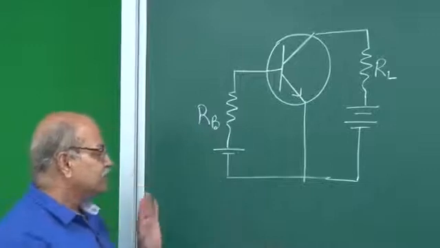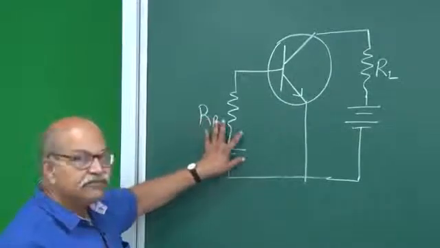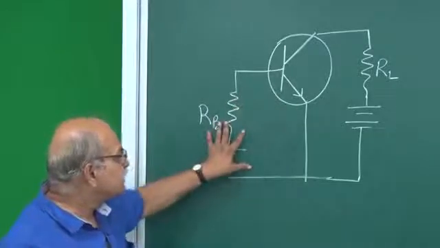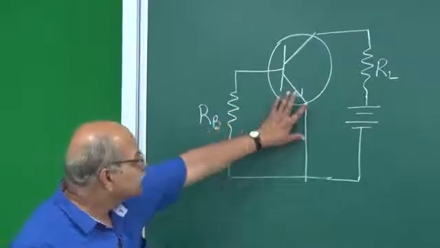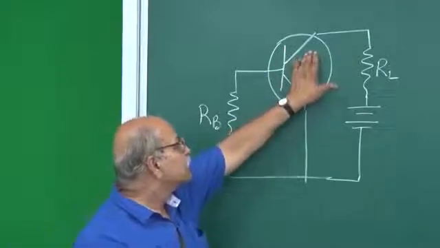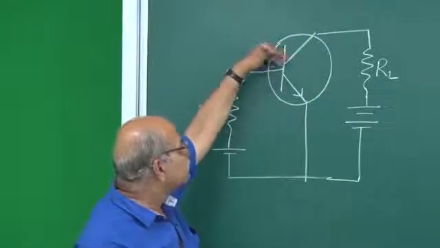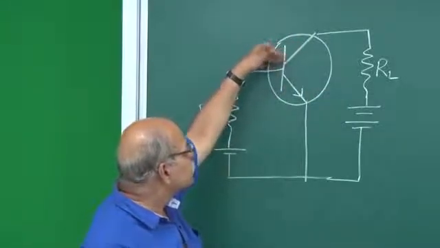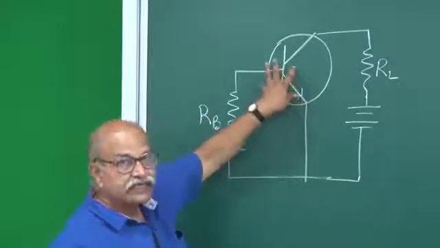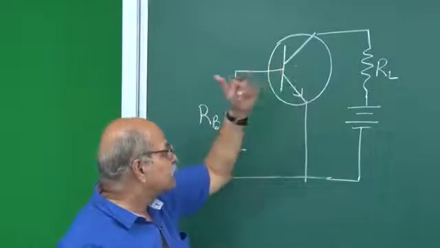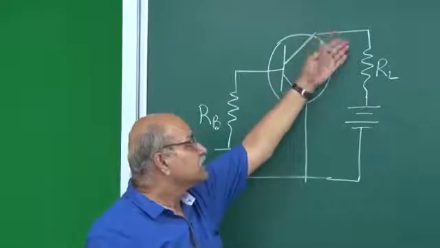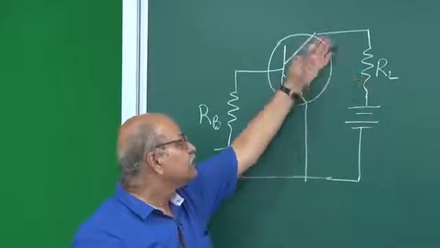Then we have active region. If you have sufficiently forward biased base circuit, this base emitter junction is sufficiently forward biased, there are a lot of electrons which are injected from here to here, and the collector is also sufficiently reverse biased. This collector base junction is also sufficiently reverse biased, so that when the electrons are injected, a good fraction of that decided by beta, that much is taken up by this circuit, and then you have a current.